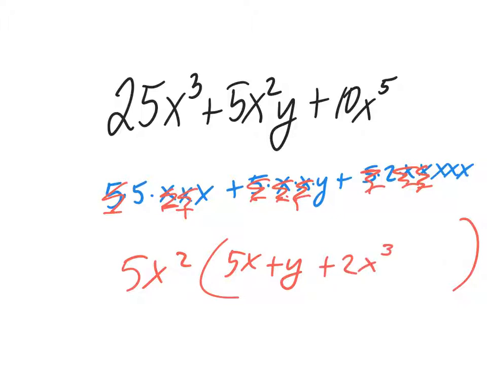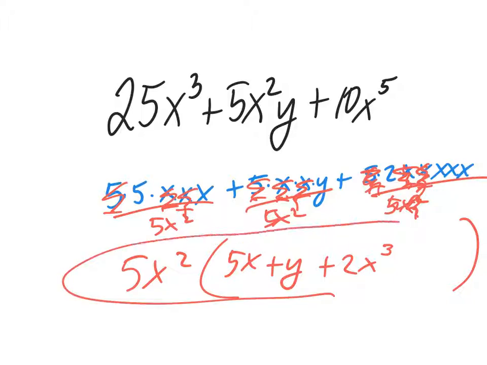When I say took them out, math-wise, this sounds like I put out a hit on these guys. I'm just dividing by 5x squared. That's why those things cancel, because I'm dividing everything by 5x squared. That's why that stuff cancels on the top and the bottom. Okay, so there's your answer, 5x squared, and then 5x plus y plus 2x to the third.